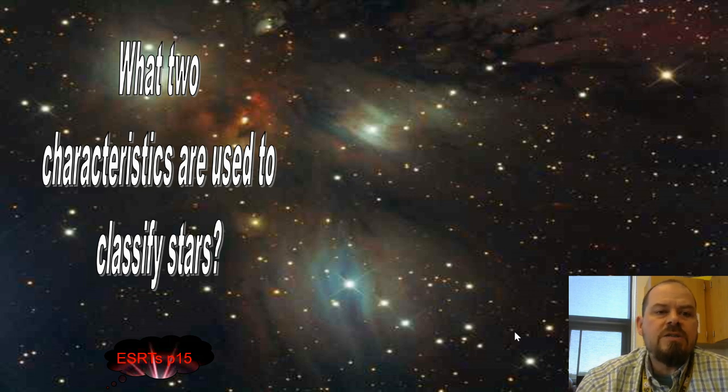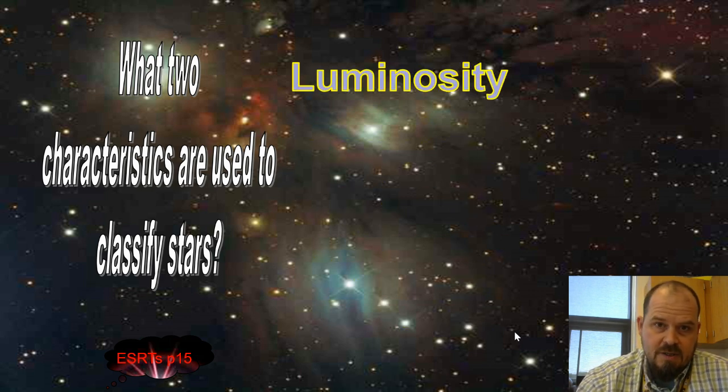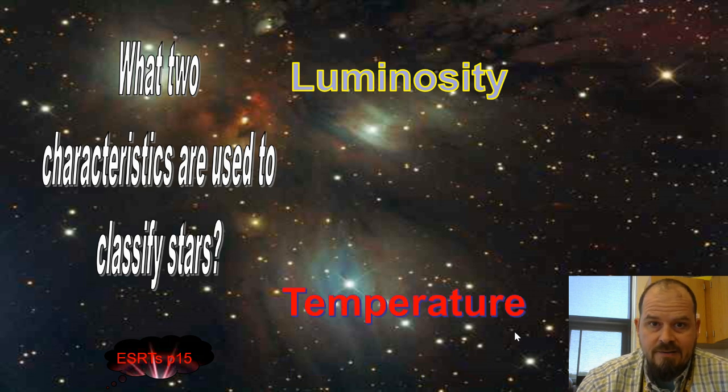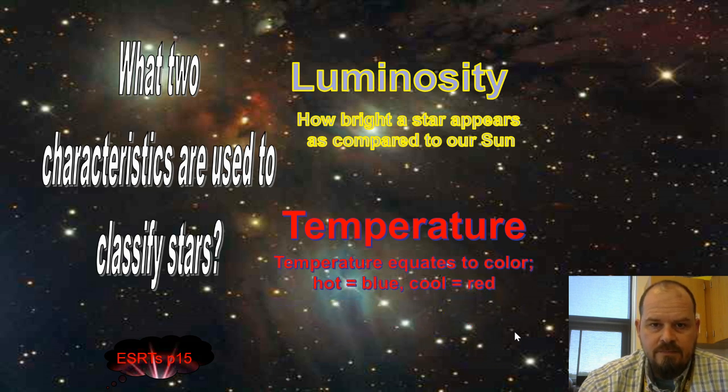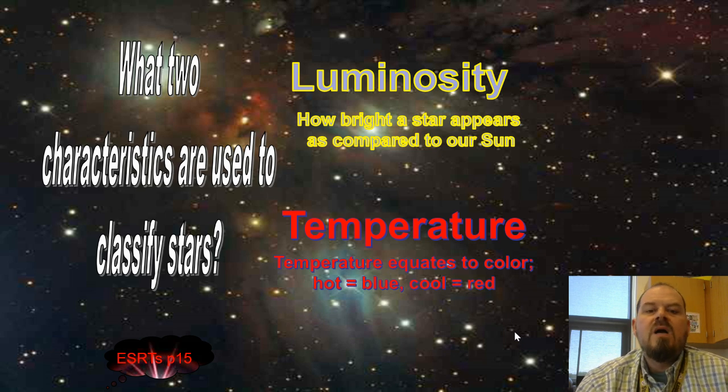All right. The two characteristics used to classify stars are luminosity and temperature. Luminosity is how bright a star appears as compared to our sun, so the sun is the zero point, or the comparison point. Temperature equates to color.